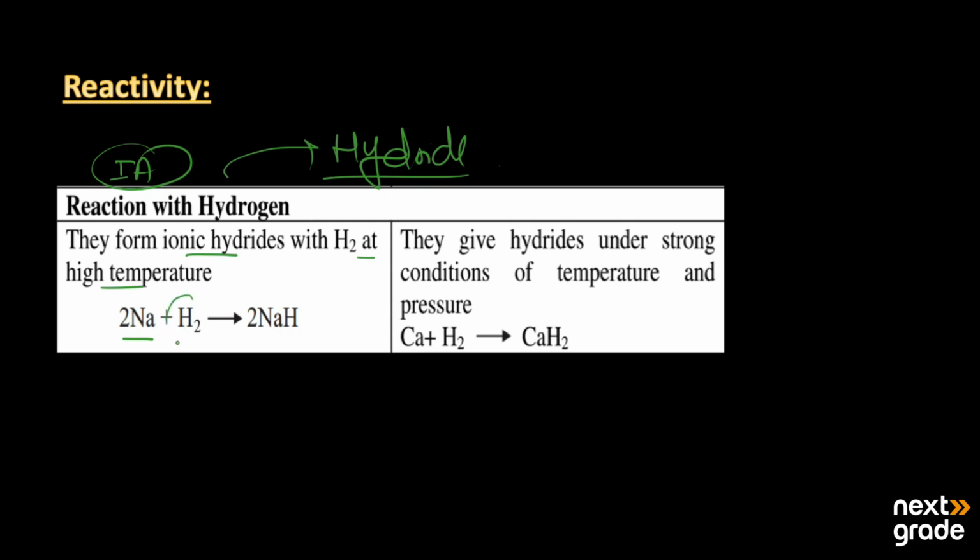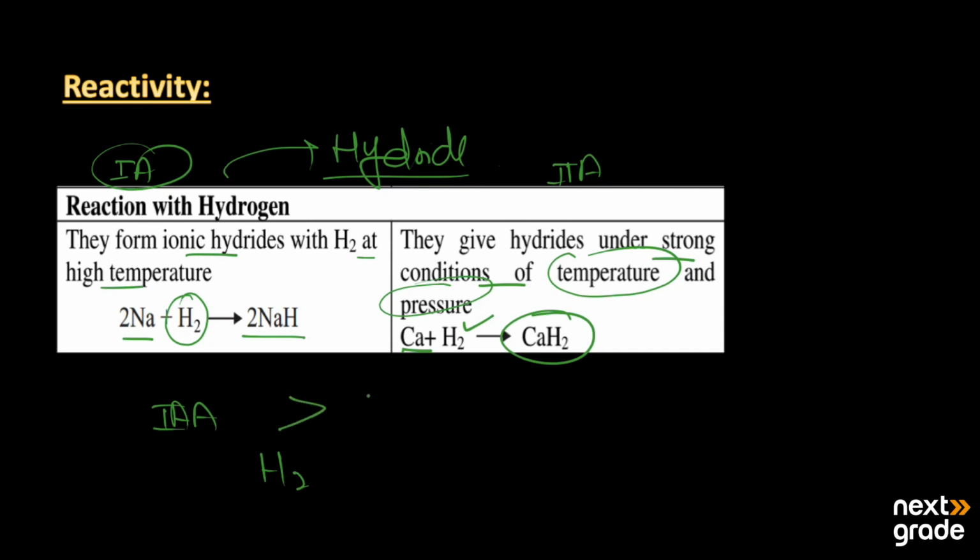So sodium reacts with hydrogen and produces sodium hydride. On the other hand, the group 2 elements give hydrides under strong conditions of temperature and pressure, like calcium reacts with hydrogen and produces calcium hydride. So the reactivity of the group 1A metals with hydrogen is more as compared to the group 2A elements.